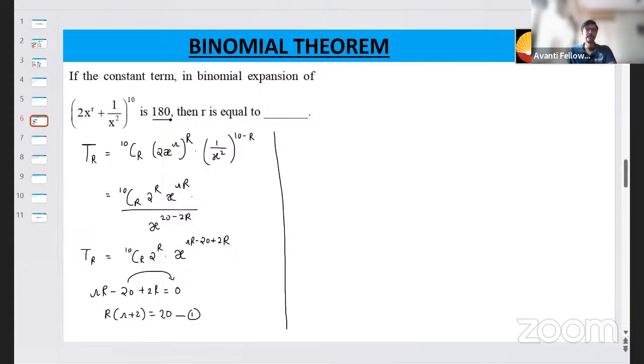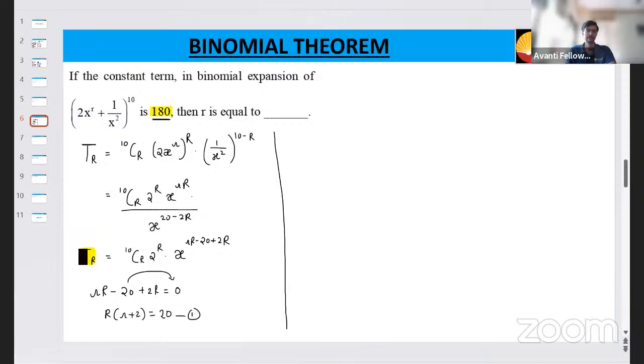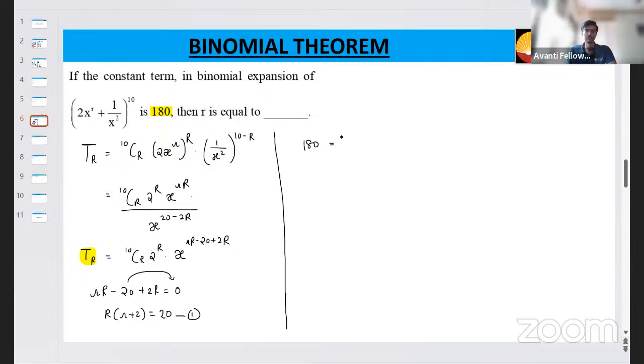Second condition is given that term is 180. That means this is the value of TR. है ना? 180 is the value of TR. So if we substitute 180 is equals to 10CR 2 raised to the power R into, यहाँ पे substitute करने की जरूरत नहीं है because this will be 0.